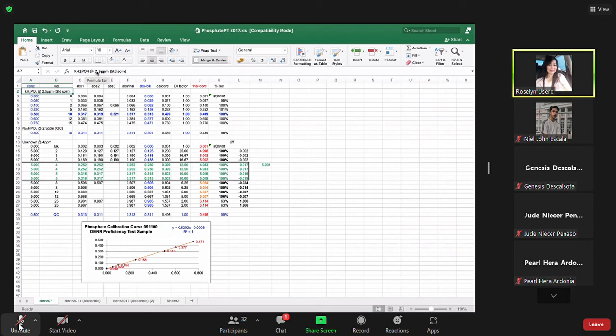Kay kung magdiretso ka sa 2.5 ppm, dako ang error mo, diba, from 100 tapos timpla ka na sang 2.5 ppm. Kung gamay lang nga error sa imo, dako-dako na siya nga effect because you are basing it sa 100 ppm.